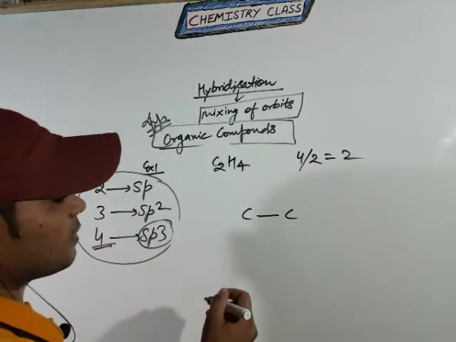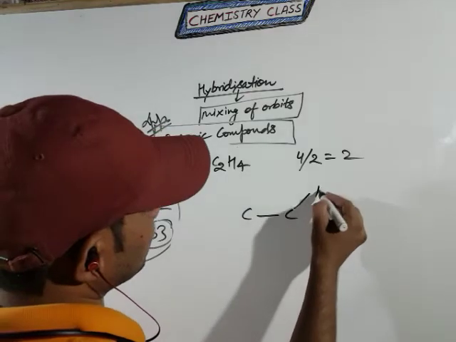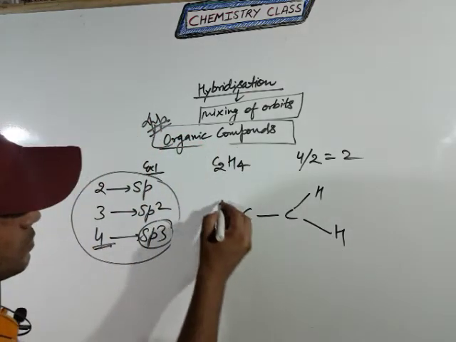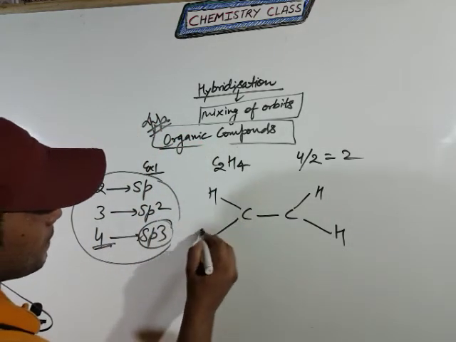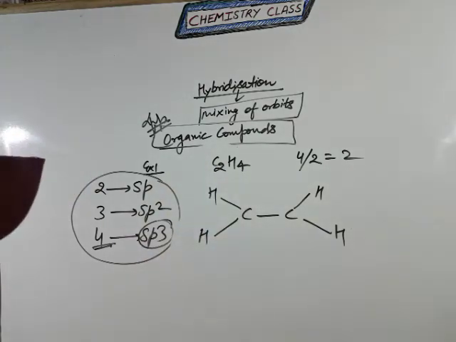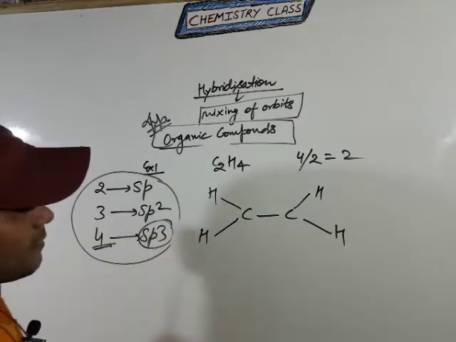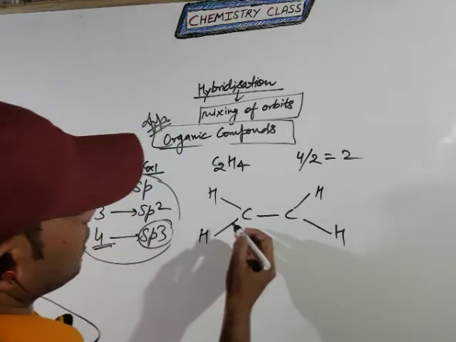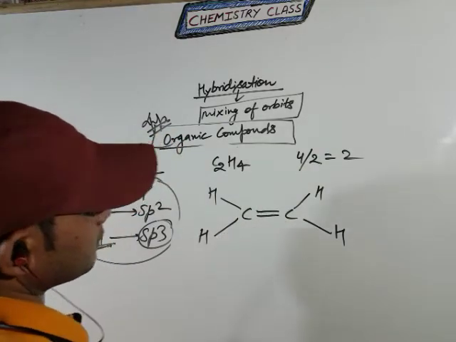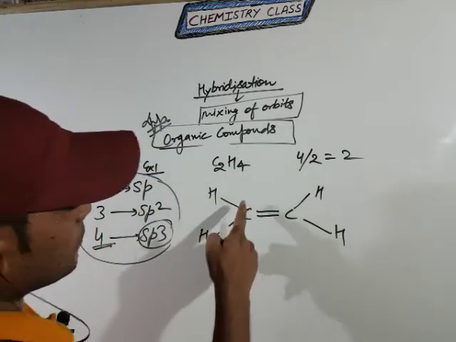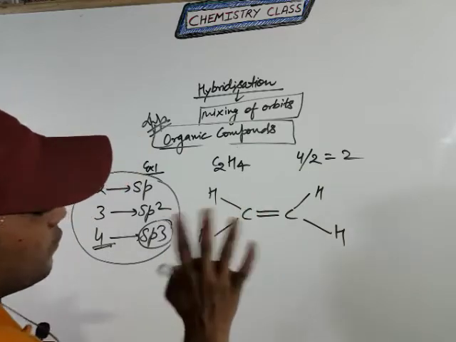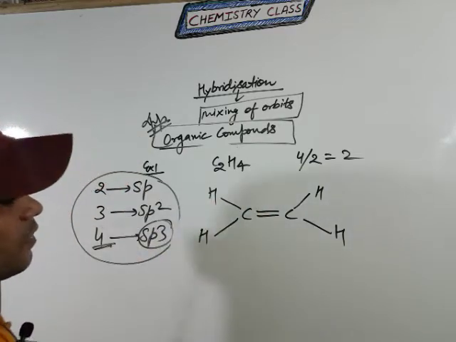So 2 hydrogens for 1 carbon atom. So students, clear? But in this case the carbon valency is not completed, that's why you take a double bond, because a carbon atom forms only 4 bonds, 1, 2, 3 and 4.